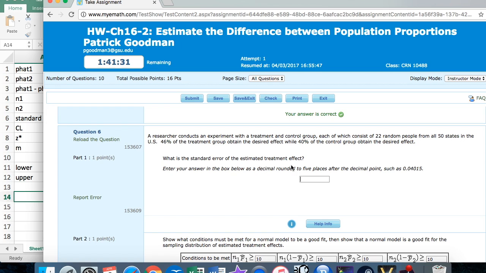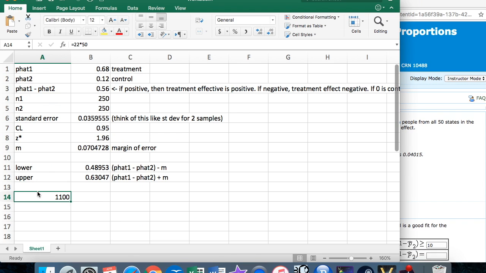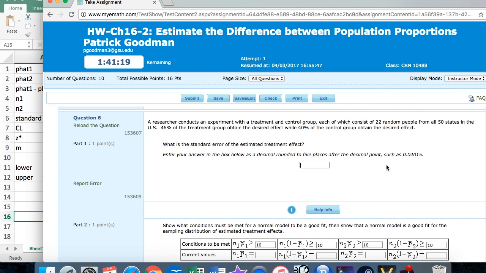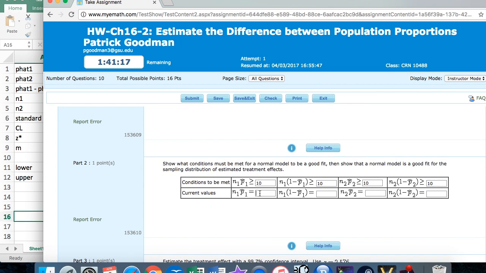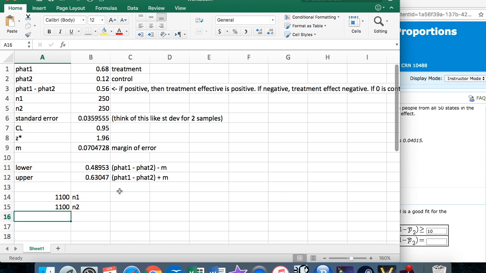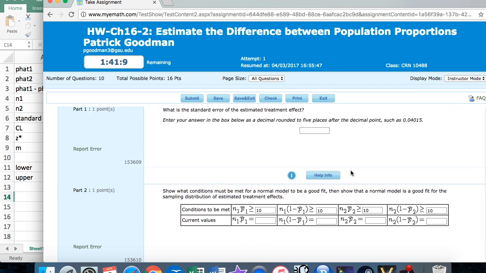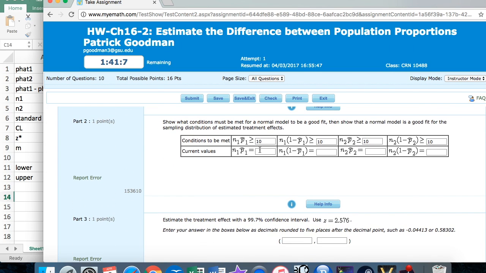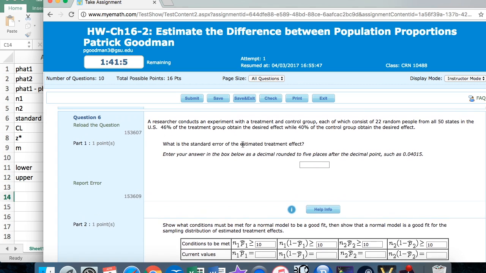So what is the standard error? You should be able to calculate that. This means your N1 and your N2 are both the same thing. So that should work. And then my N1 times P1, what was my P1?